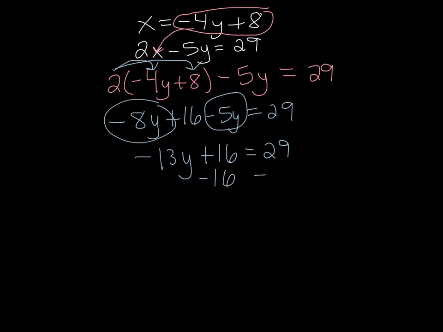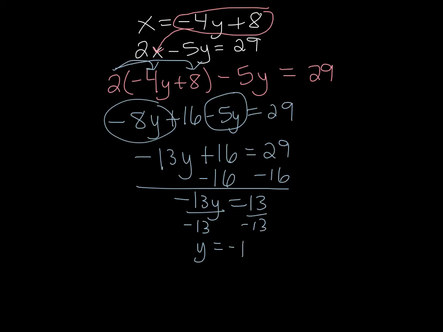So now I'll subtract 16 from both sides to isolate my y term. So negative 13y equals 13. Divide by negative 13, y equals negative 1. So I'm like halfway there. I found the value of y, and I'm going to take that, plug it back in to find the value of x.